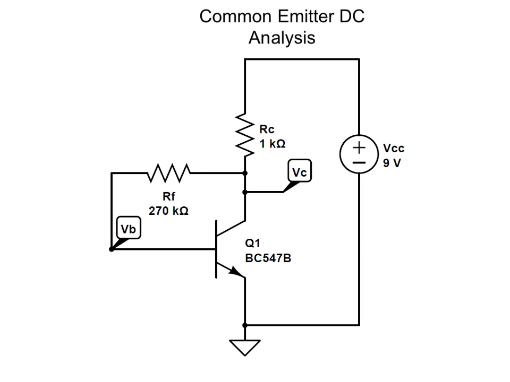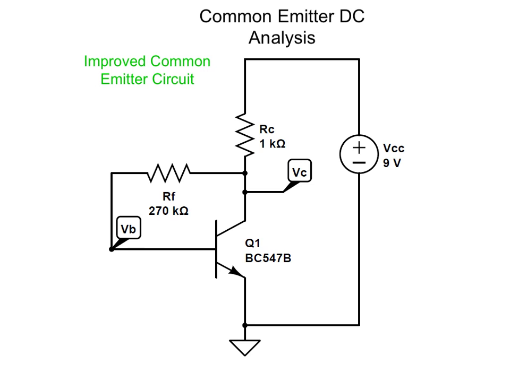We can improve the performance of the simple common emitter amplifier significantly if we connect the base resistor to the collector node instead of the power supply voltage. So this is the improved common emitter circuit, and by using this circuit we will get a more stable DC steady state operating point.